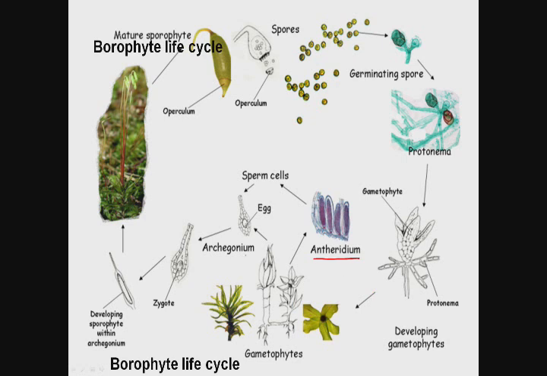It is developed on the female branch. Both antheridium and archegonium are going to produce gametes. This is the male sex organ. This is the female sex organ. When they fuse together, they will form zygote. Zygote has the ploidy of 2n.